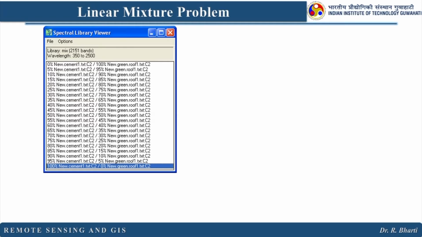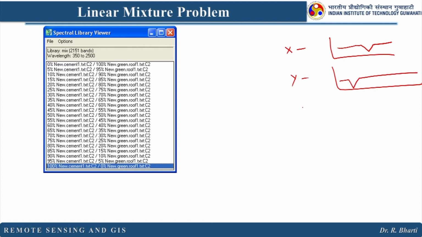We have to use the unique or pure spectra of X, Y, Z. So for X, this is the spectral response, right? For Y, this is the spectral response, and for Z, let us assume this is the spectral response.